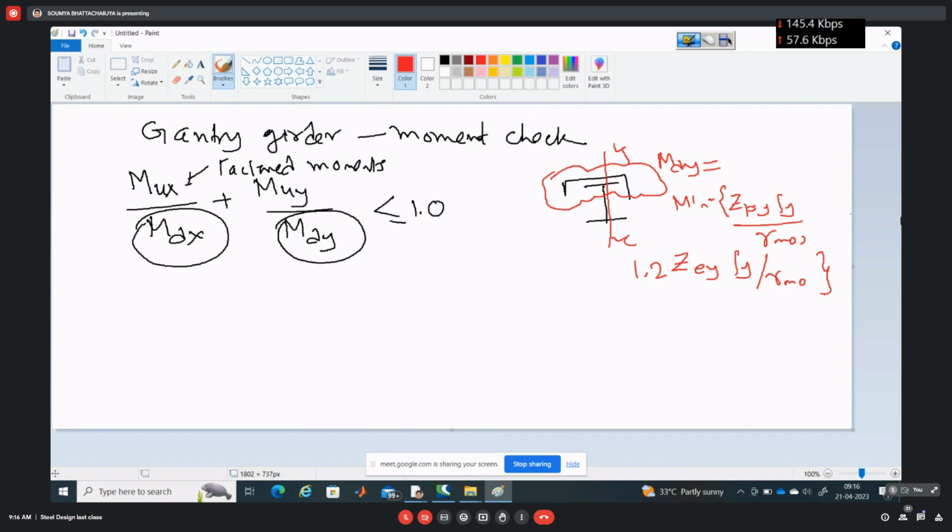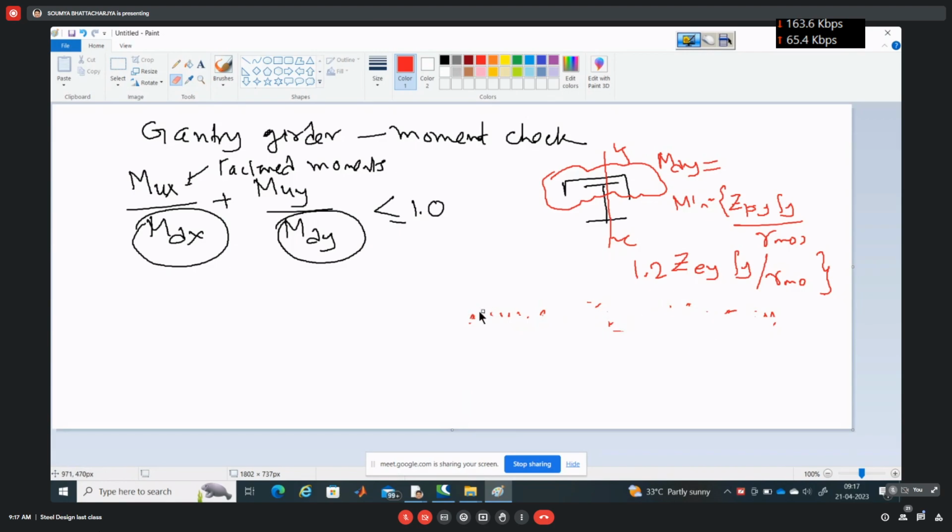Now ZPY you may not get from the code directly. So if you don't get it, you assume ZPY equal to 1.6 times ZEY. If it is provided, okay. In your case I have calculated it, so it is not needed.